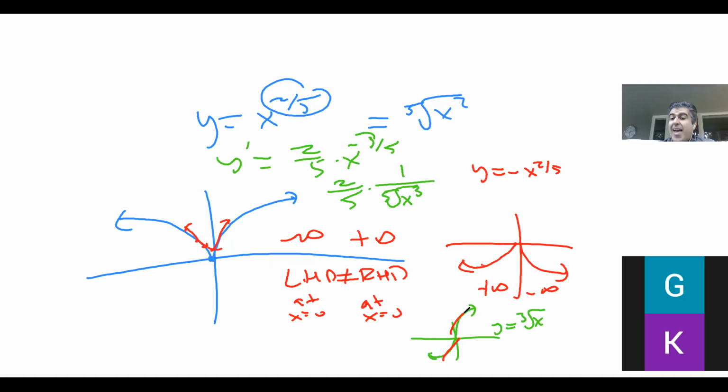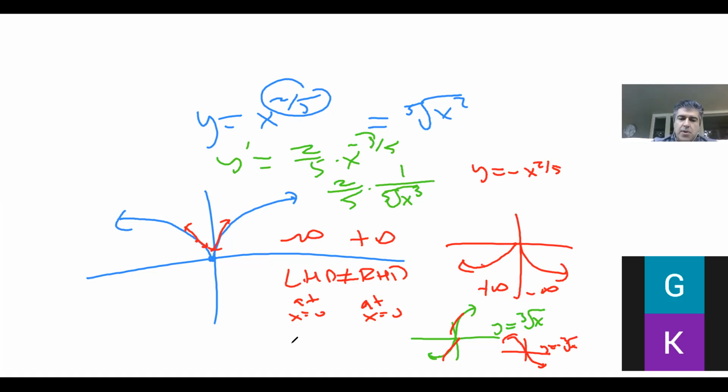Hence, I don't know what the slope of the tangent line is. That's why it's not defined for differentiability there. Or it could be reversed, kind of like that, where that would be the negative cube root of x, right? That could happen too. In this case, both left and right derivatives are negative infinity.